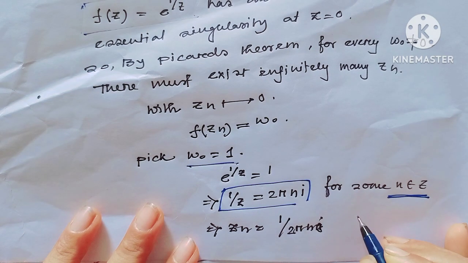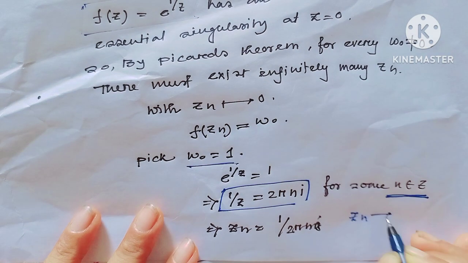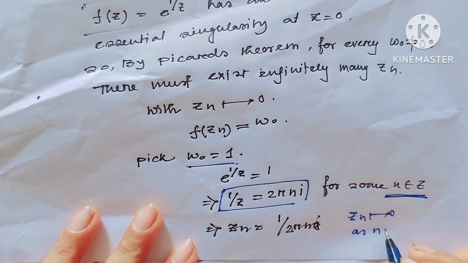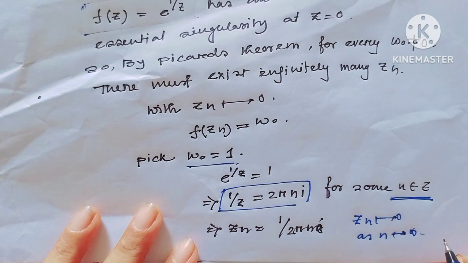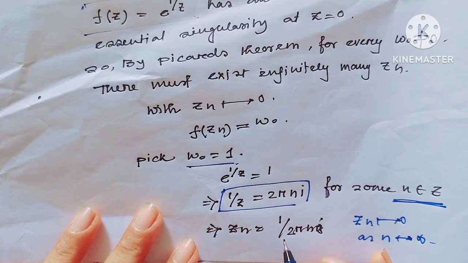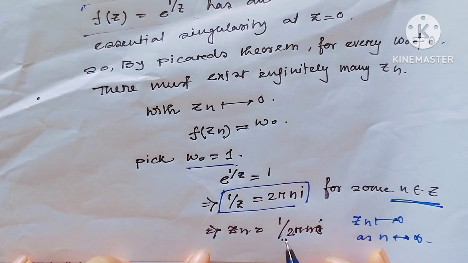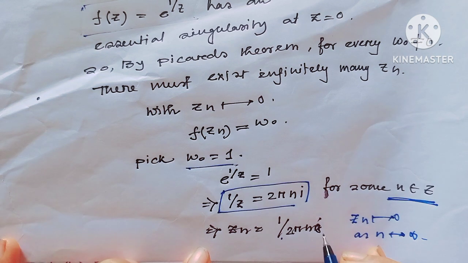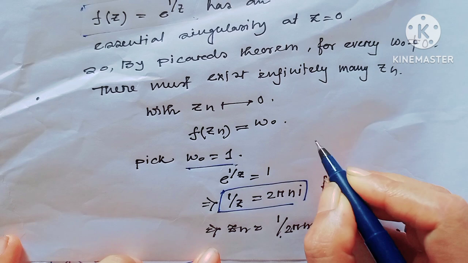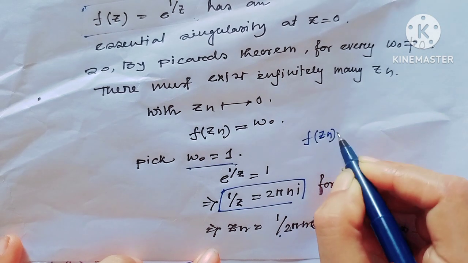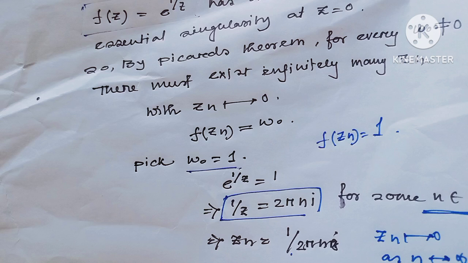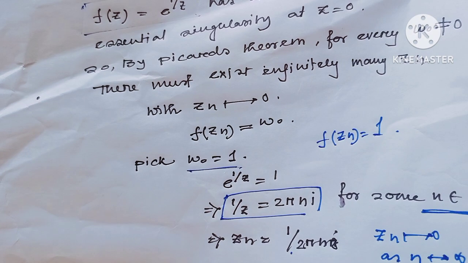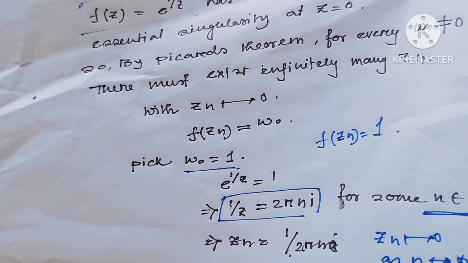Then z_n goes to 0 as n goes to infinity. Notice e^(2πni) is always equal to 1, so f(z_n) = 1. That means for this point w0 = 1, I always get at least one sequence.